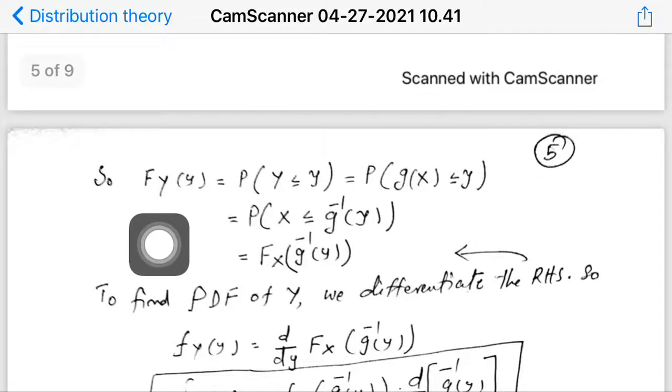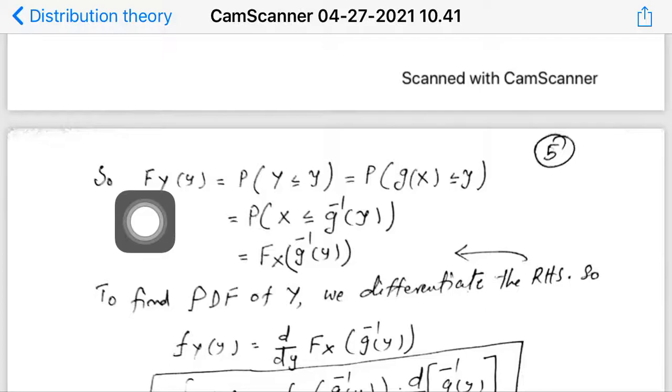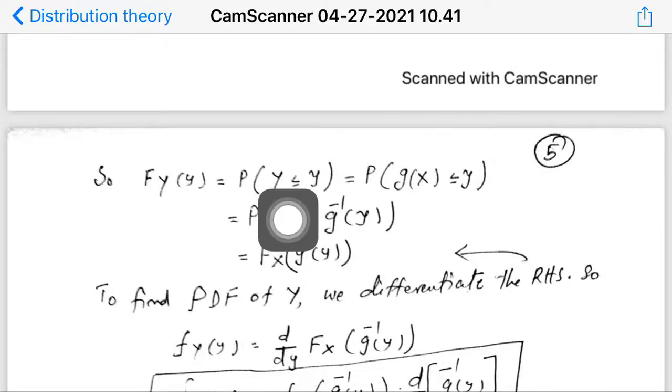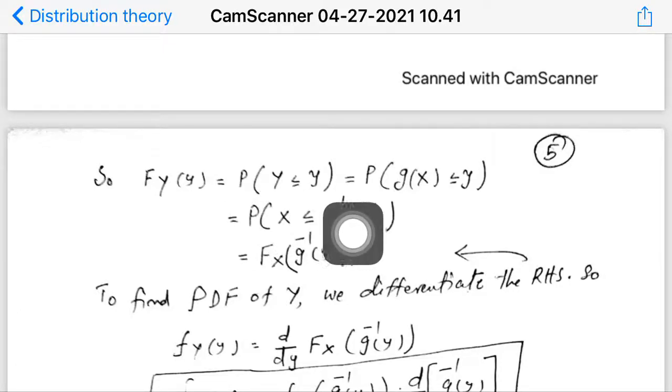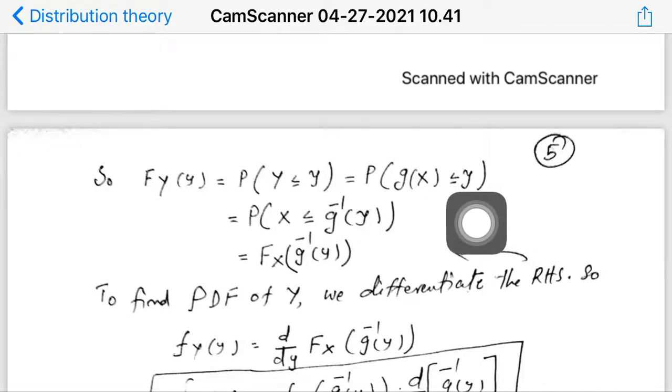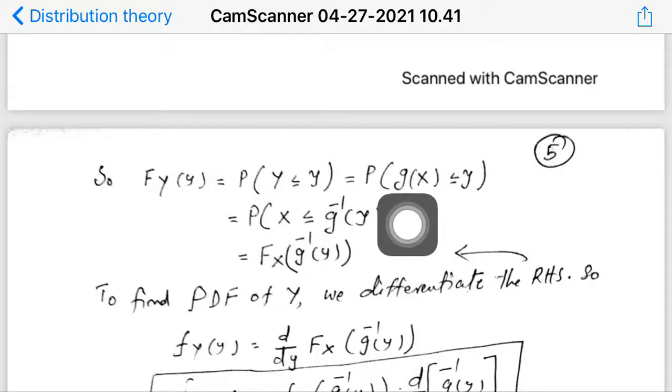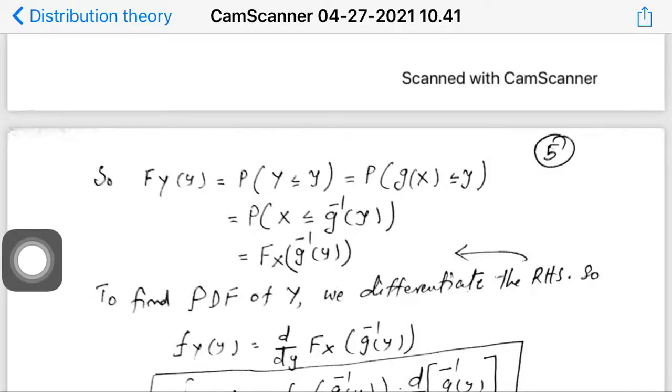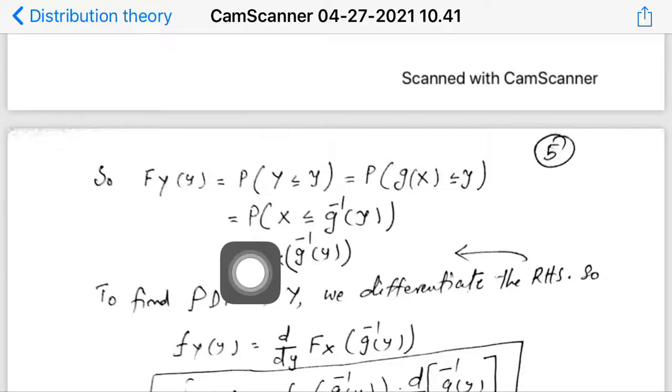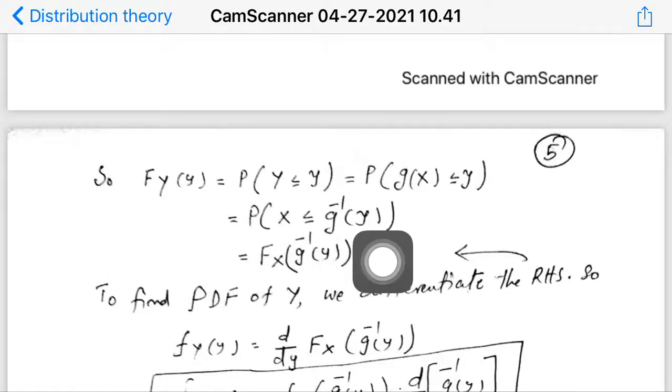Now you can find the distribution function of y in a very direct and easy way, theoretically a very easy way. That is F_Y of y, the CDF of y, equal to the probability that Y is less than or equal to y, that is equal to the probability that g of x is less than or equal to y. I am taking the general function here, and you can find this is equal to the probability that X is less than or equal to g inverse of y.